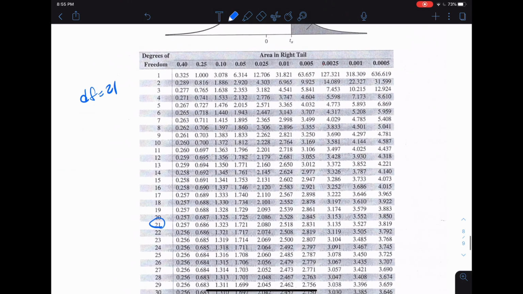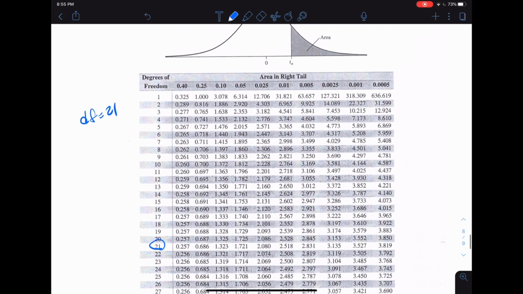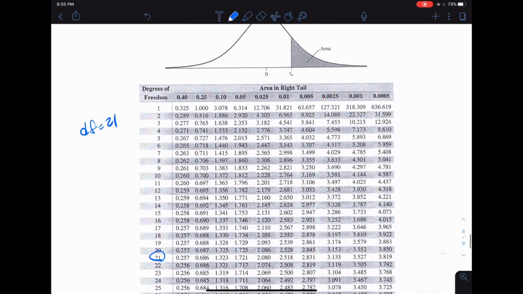Okay, so we said degrees of freedom is 21. We said that the area is 0.10 right there. Should be easy enough to look up. Notice it's a positive value because we're on the right-hand side of 0. So that t-value is 1.323.